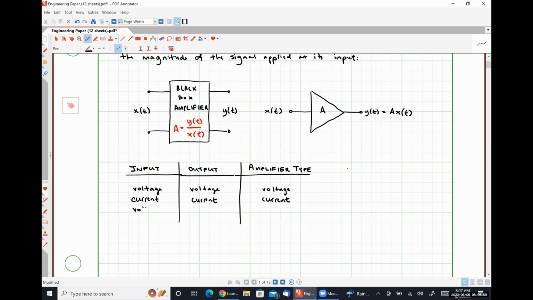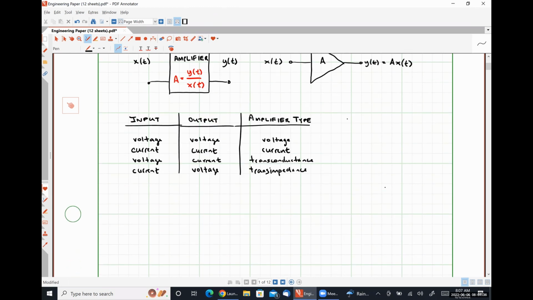If we apply a voltage at the input and measure a current at the output, we have a transconductance amplifier. If we have a current at the input, voltage at the output, we have a transresistance, or more commonly, transimpedance amplifier.